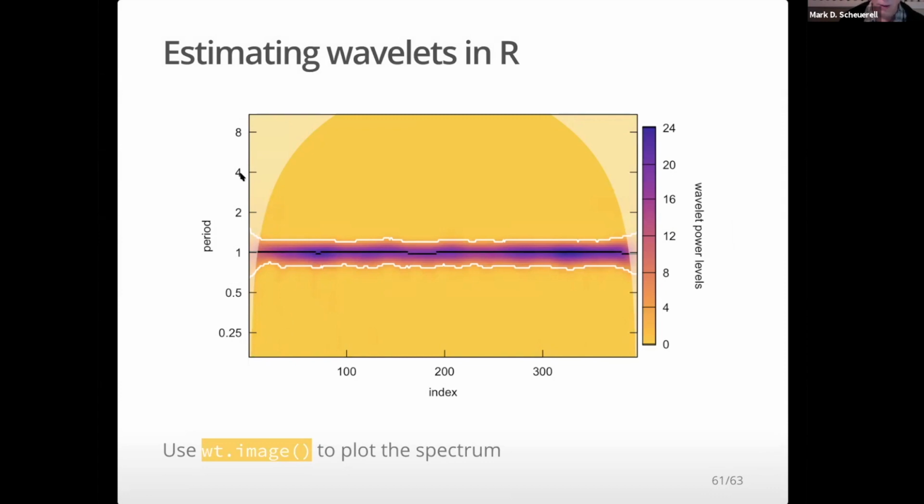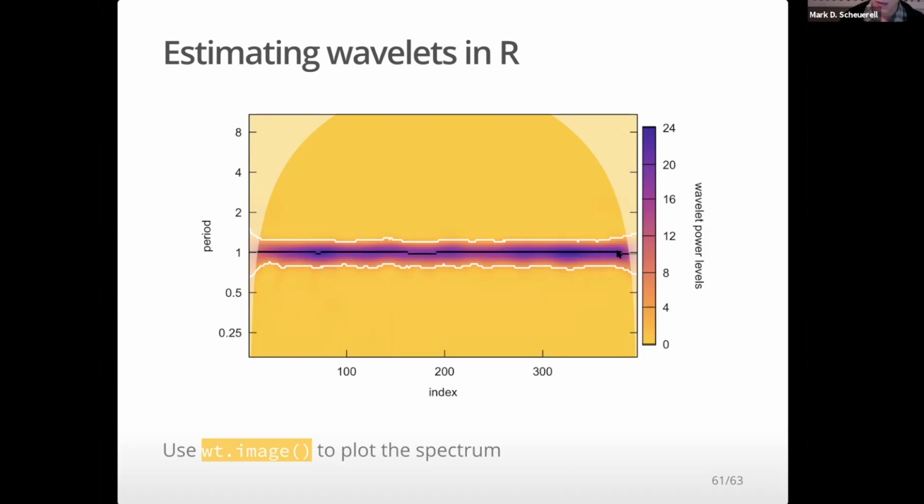Here's period, which is essentially the wavelength. So these are very small, these are very large. And here's the power of that. When it's yellowish, there's not much information happening there. When it's really dark, there's lots going on. It's really indicative of that.